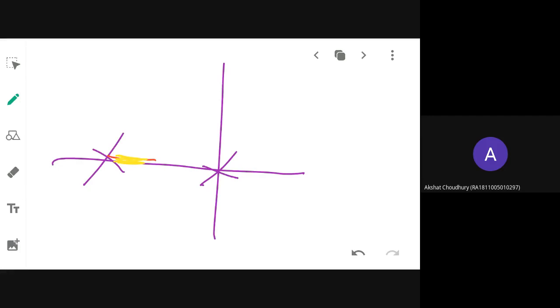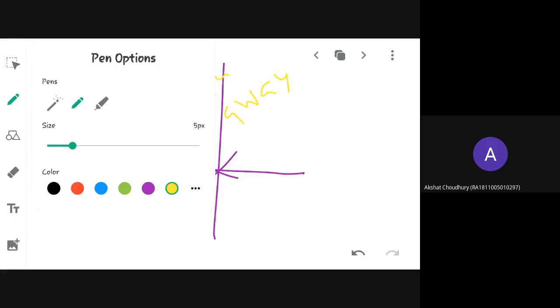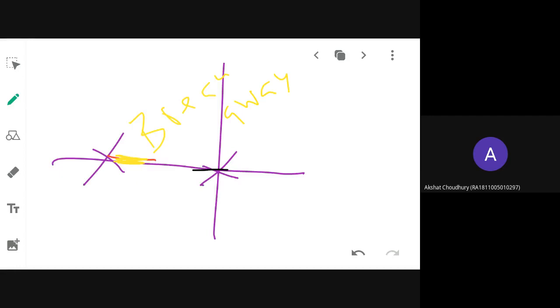The other branch will start over here and then somewhere it should break away or break in.